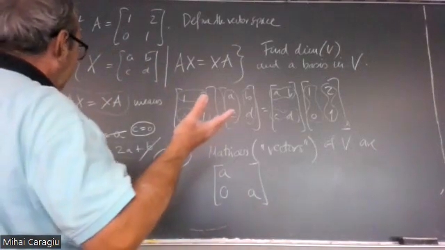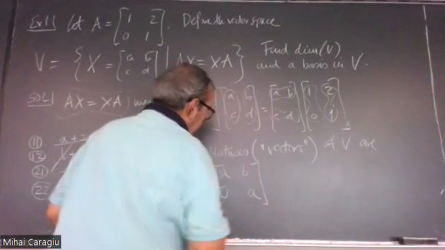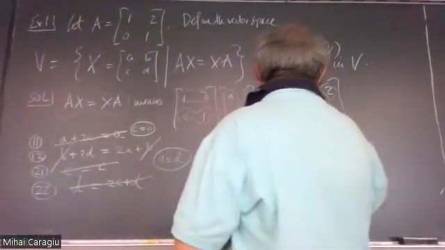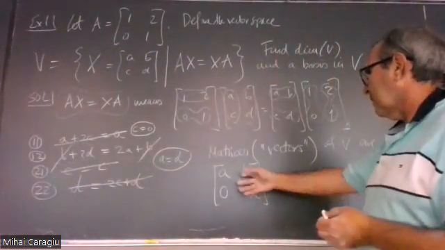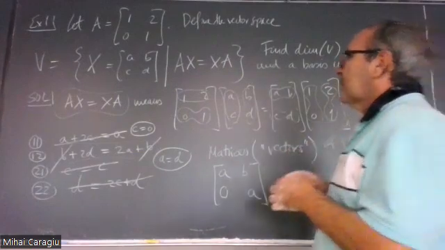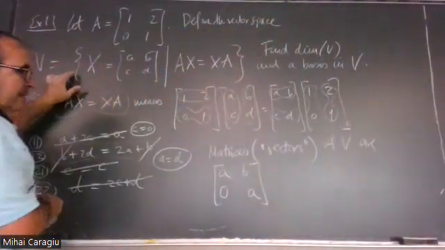And b could be anything, so put b here. So for every vector, which is a matrix in V, this vector is of the form a, b, 0, a. In other words, the vector space V consists of entities of this type.